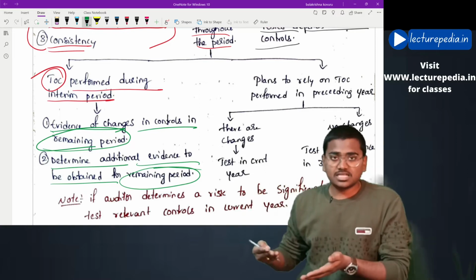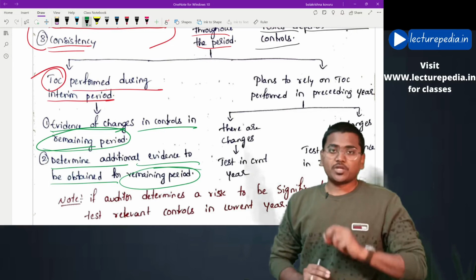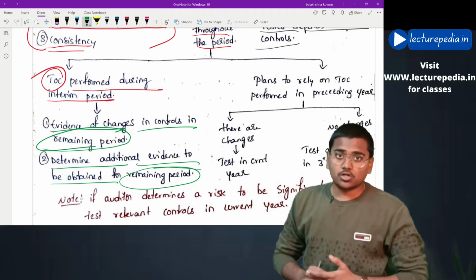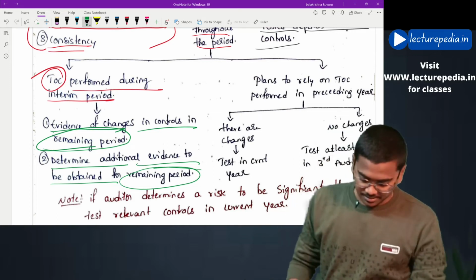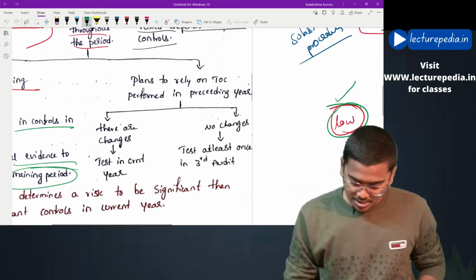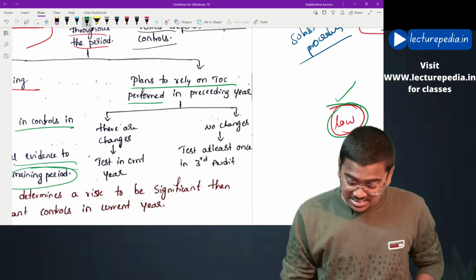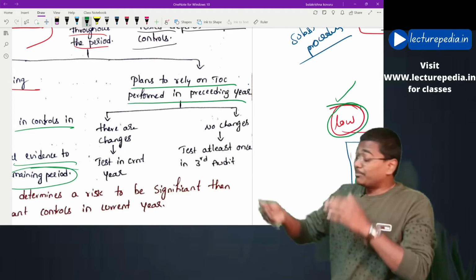In this case, the auditor will perform test of controls on these newly implemented controls also. Hope this is clear.